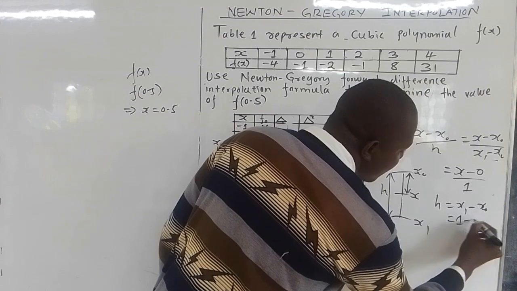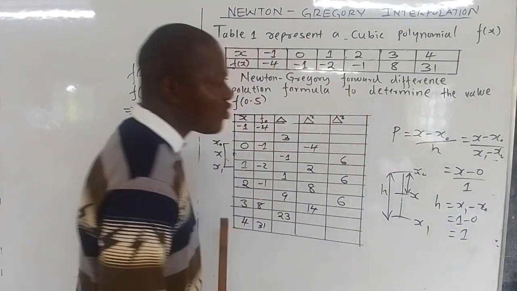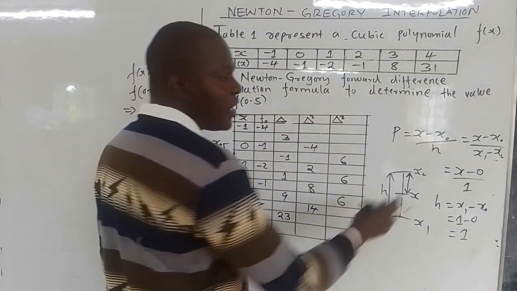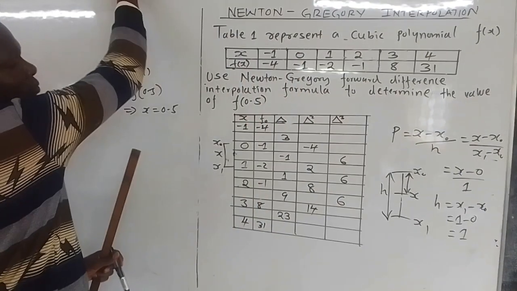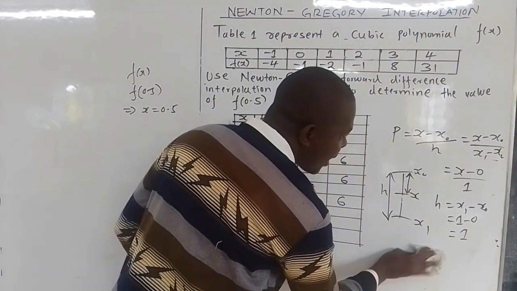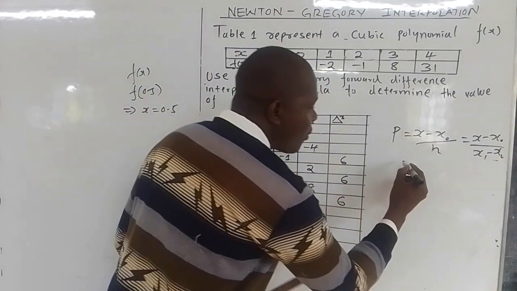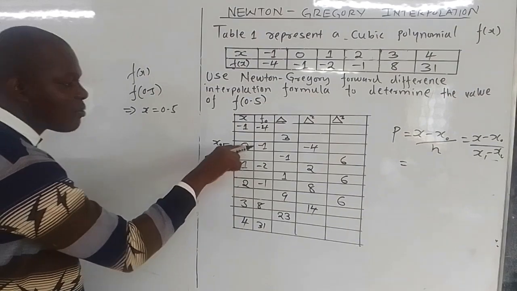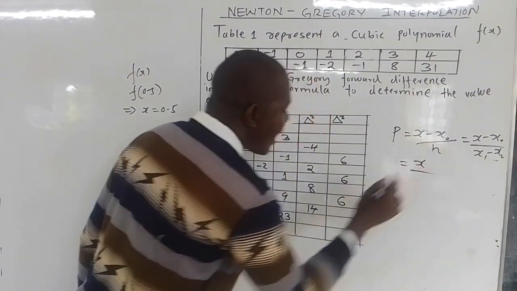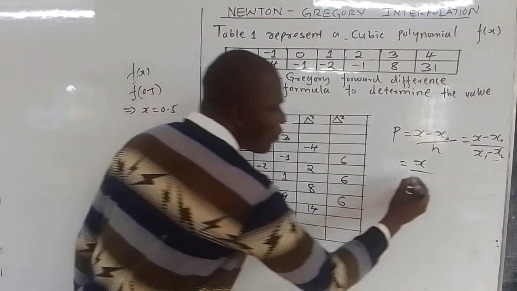So what is p? P is x minus 0 over 1. Is that point well explained? So from here we found x minus x naught is x minus 0 is x, over h, the whole interval 1 minus 0, which we found is 1.